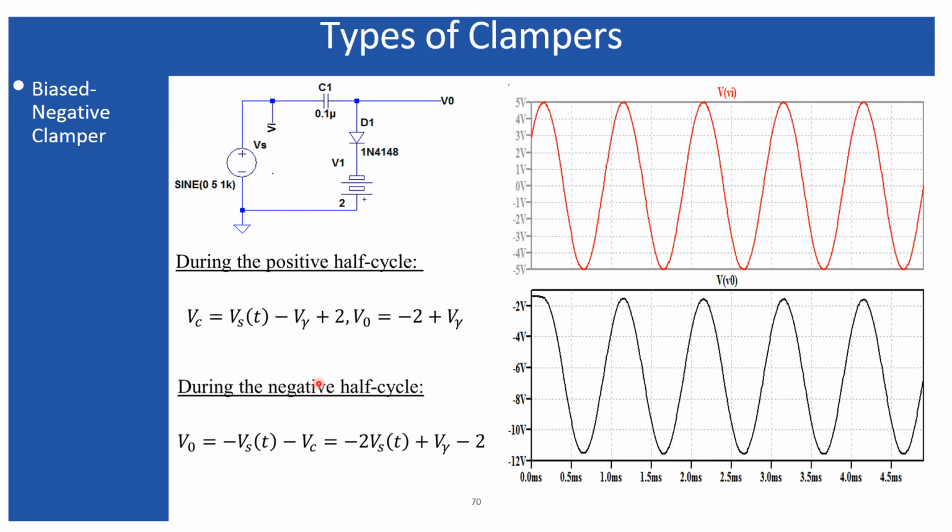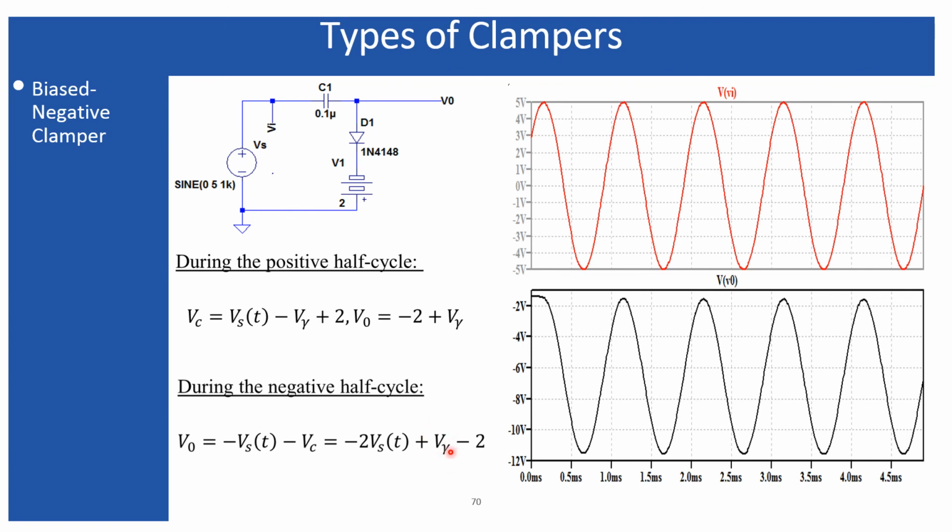During the negative half cycle, that capacitor voltage across the capacitor is coming over here, and the output voltage will be twice of the maximum input voltage. For the peak voltage, the peak voltage is at minus 5 volt, so it will be minus 10 volt, and minus 2 volt will be added with it, so minus 12 volt plus this V gamma, slightly less than that.